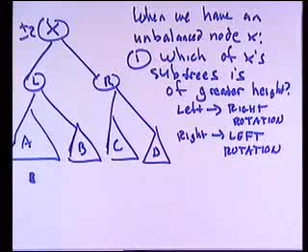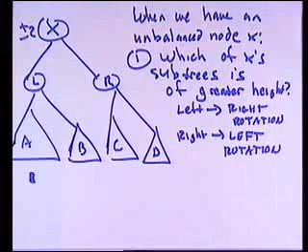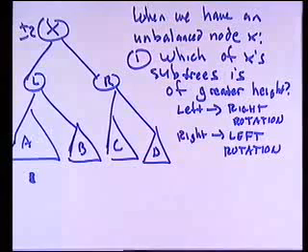If the problem's with B or C, then you do a first step that's a single rotation to make it a problem with A or D instead, and then your other single rotation will fix the problem. And so those 2 together are a double rotation, and that's what you do with B or C. So that's the which rotation to apply, and with that we're done.